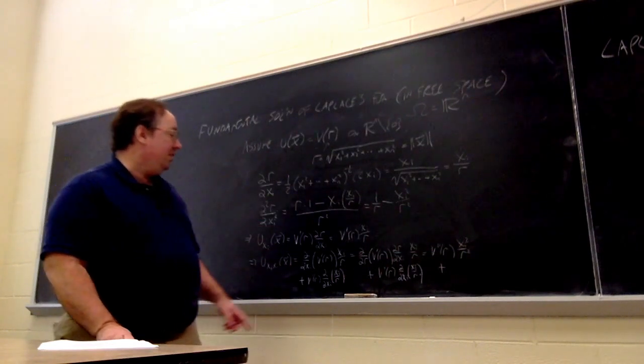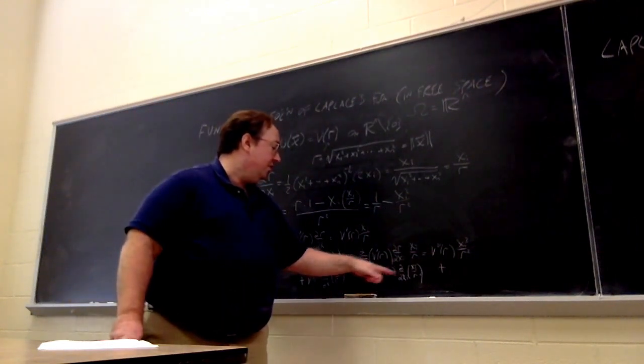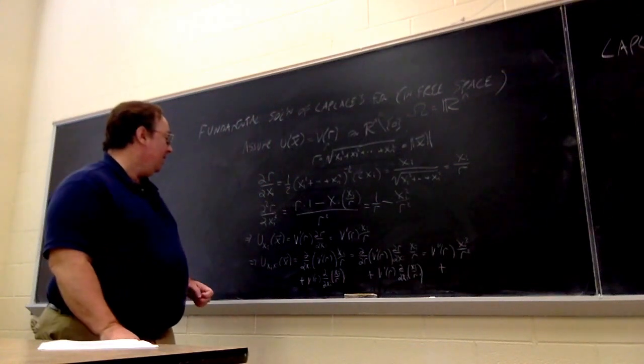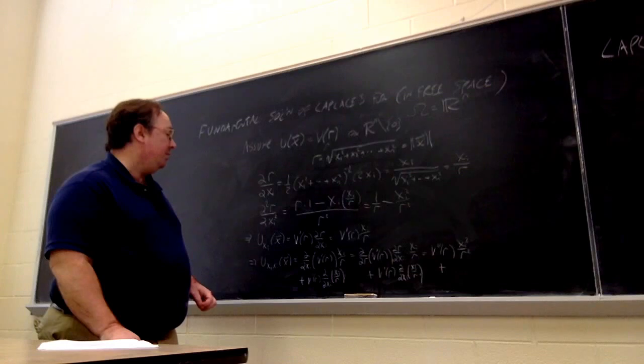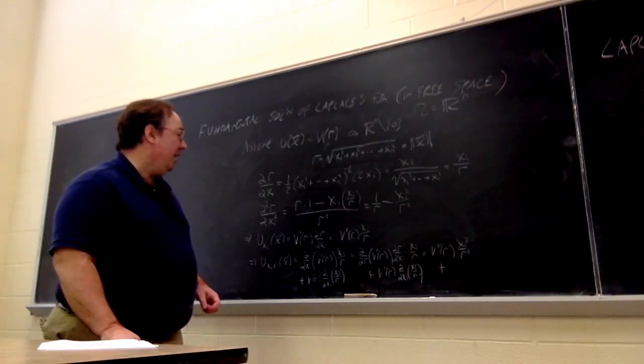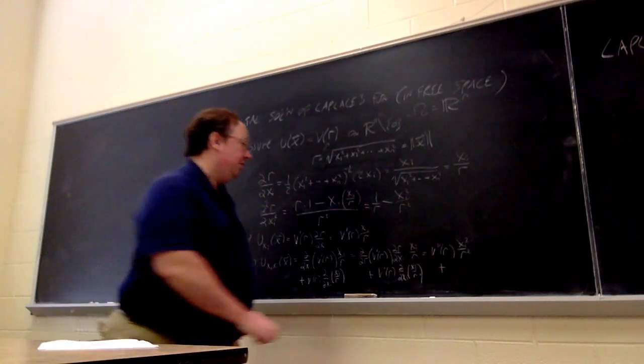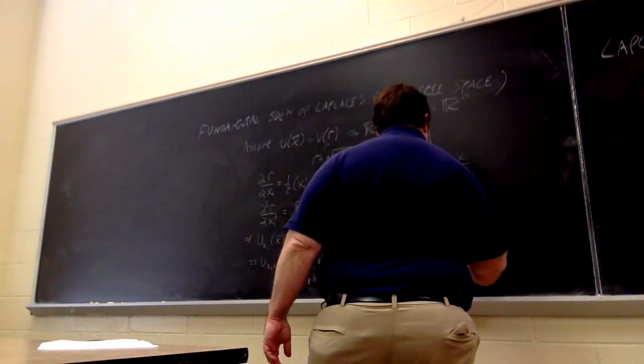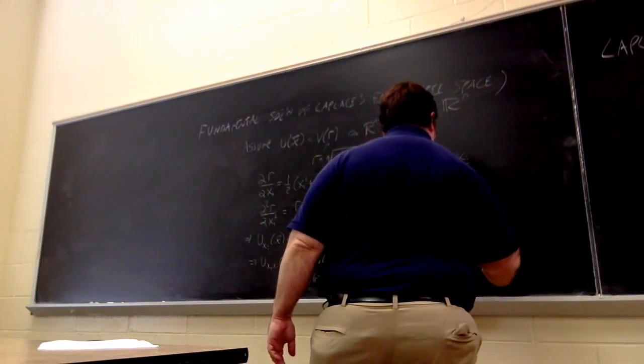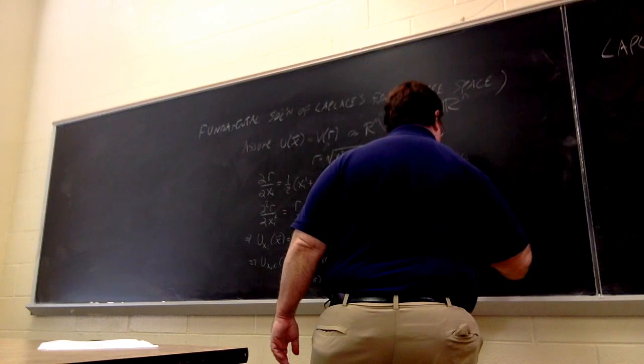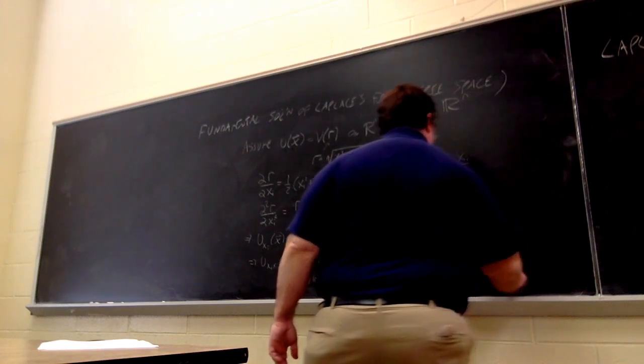So really it's just the second derivative of r with respect to xi, and for that we have this formula here. So we have v prime of r, 1 over r, minus xi squared over r squared.